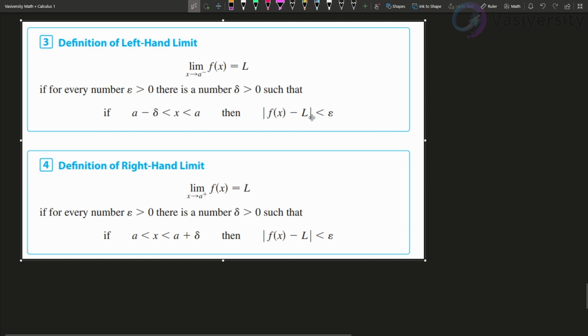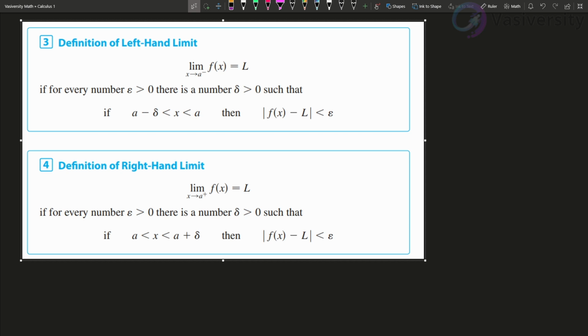Then the same thing from the right side. If we combine them together, we end up with the full definition of a limit.